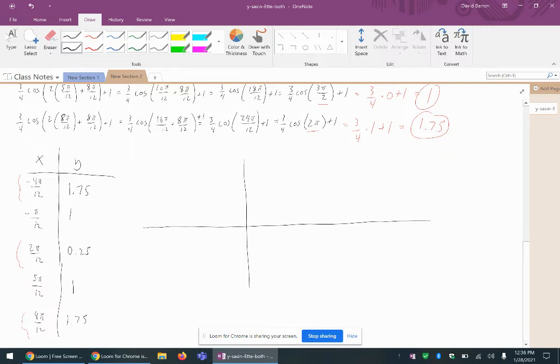Again, as long as they're evenly spaced, the exact measurement of how long they are doesn't really matter. And then 1 pi over 12, 2 pi over 12, 3 pi over 12, 4 pi, 5 pi, 6 pi, 7 pi, 8 pi. So let's see here.